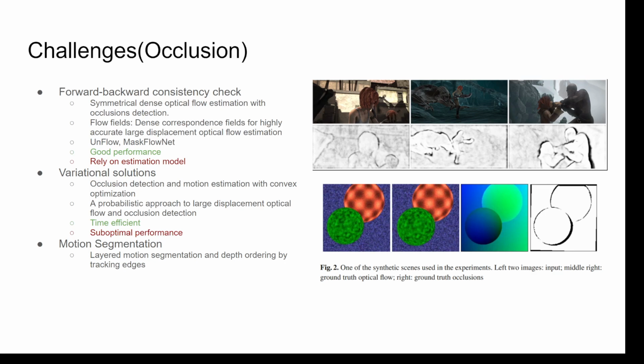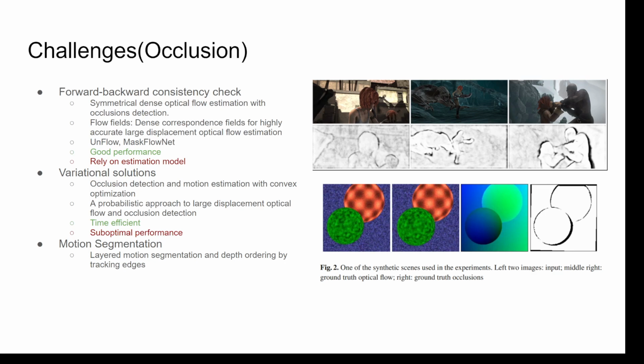Most people nowadays use a forward and backward consistency check method. This method is proven to be really good in performance. However, they rely on an estimation model to be accurate. What I mean by this is that the key idea of forward and backward consistency check is that they first compute a forward optical flow map using a model, and then they reverse the order of the first and second image and compute a second flow map.